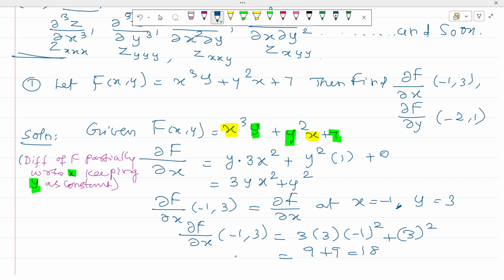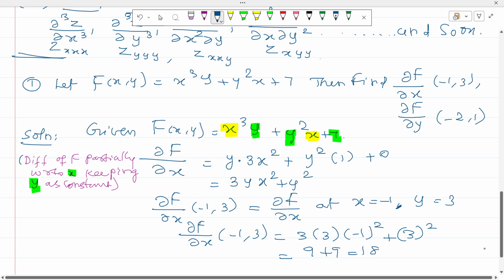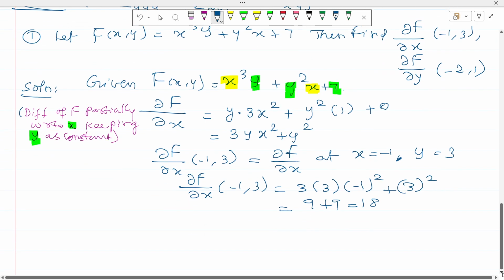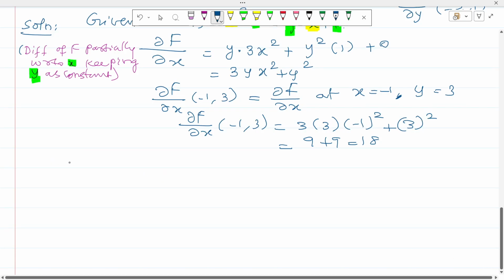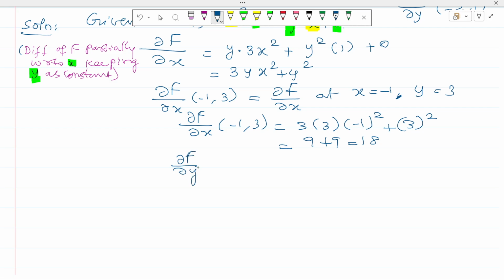Second one is dou f by dou y we have to find. So next we have to find dou f by dou y. Dou f by dou y means differentiation of f partially with respect to y, keeping x as constant.